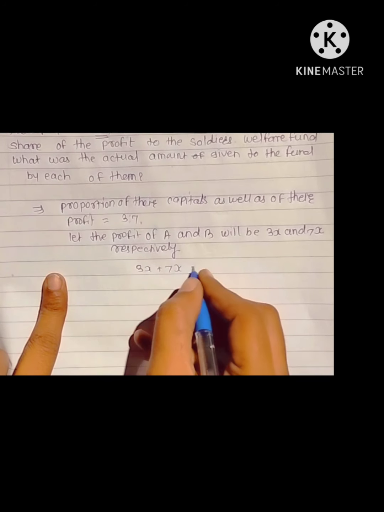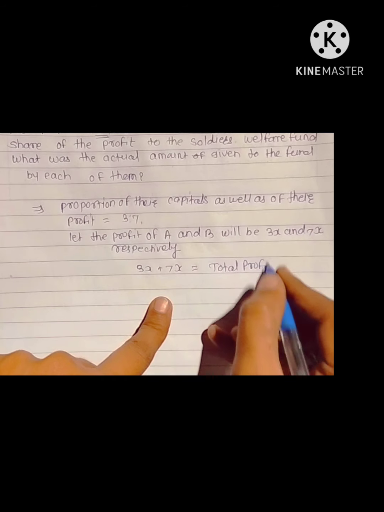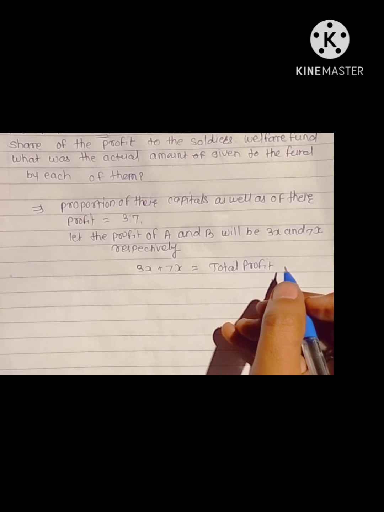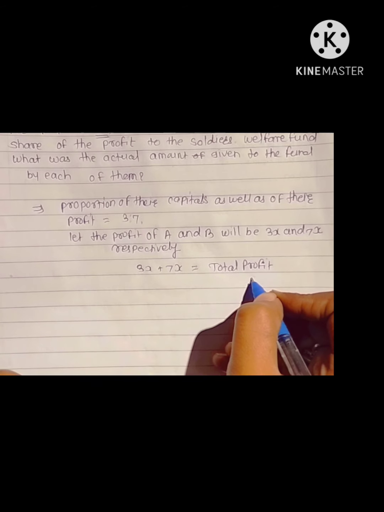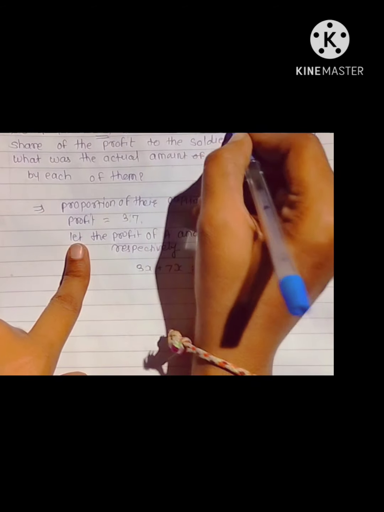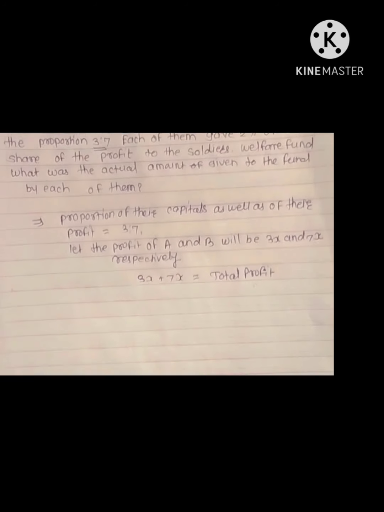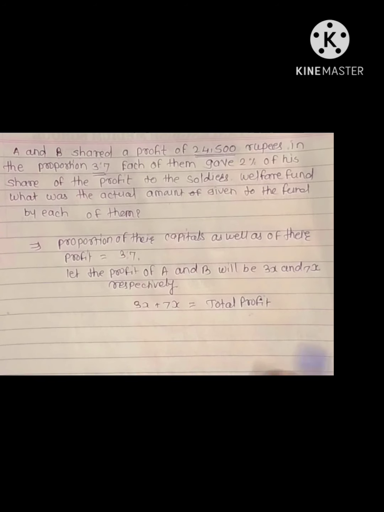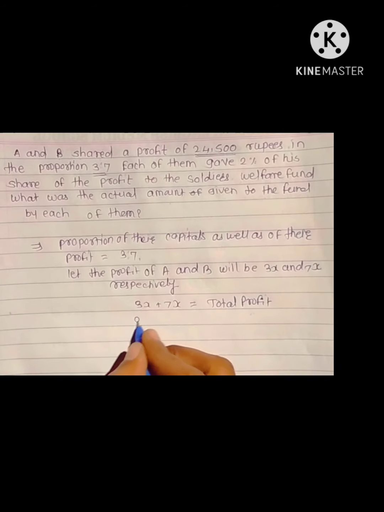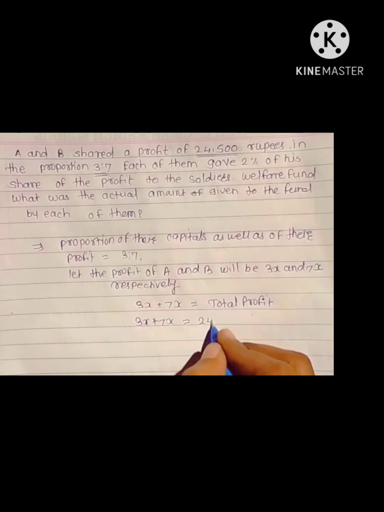So here 3x plus 7x is equal to the total profit. The total profit is given. What is the total profit? It is 24,500 rupees, as mentioned here. So we put 3x plus 7x is equal to 24,500 rupees.